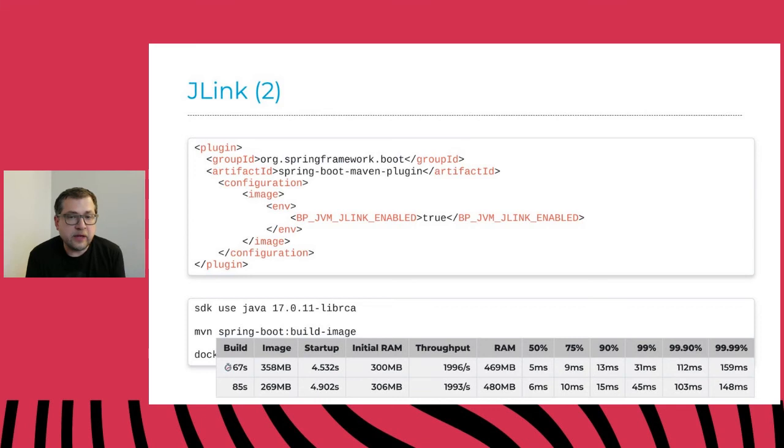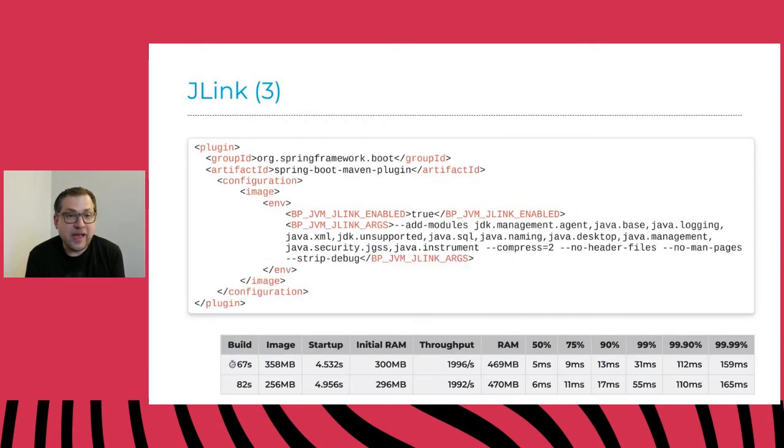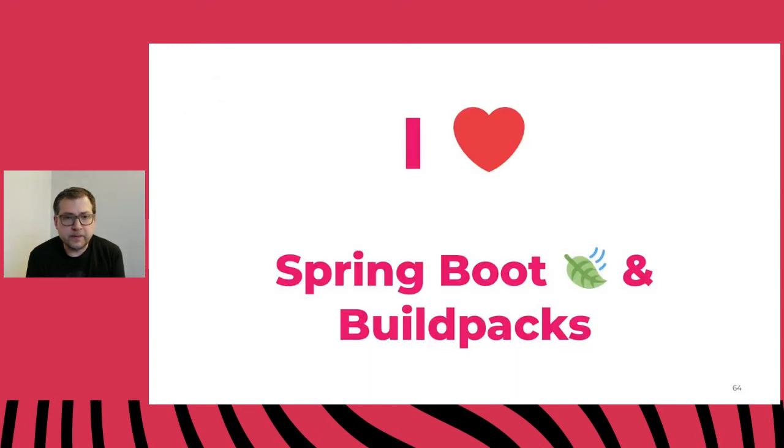As you can see on the image size, it's getting way, way smaller, which is a good thing, right? And if you do it the right way, like I would, and add the modules used manually, you can strip it down even more, which is a huge advantage. And we are also roughly in the same area with the performance of the application. But as I said, image size gets smaller, right?